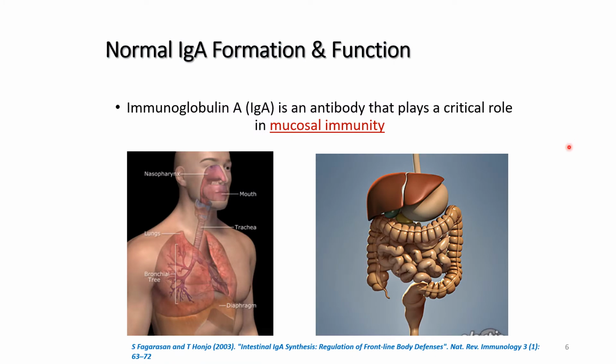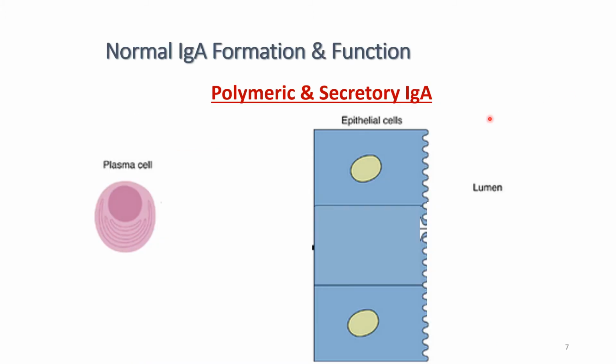Normally, IgA is the principal antibody that plays a critical role in mucosal immunity. So if you have any mucosal infection, GIT or respiratory, the antibody that will be formed and has a critical role for immunity is IgA. Let's suppose that this is the epithelial cells of any mucosal structure in your body.